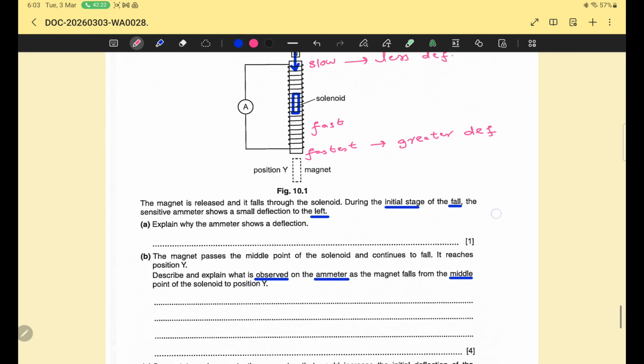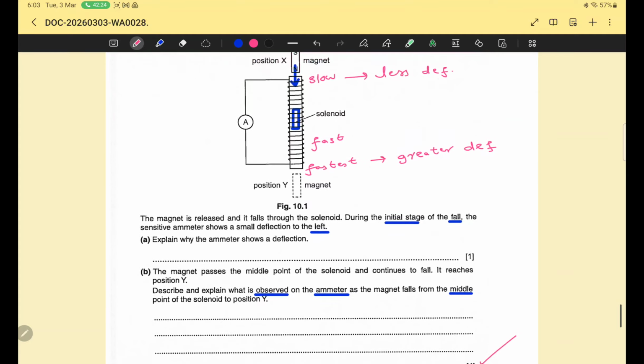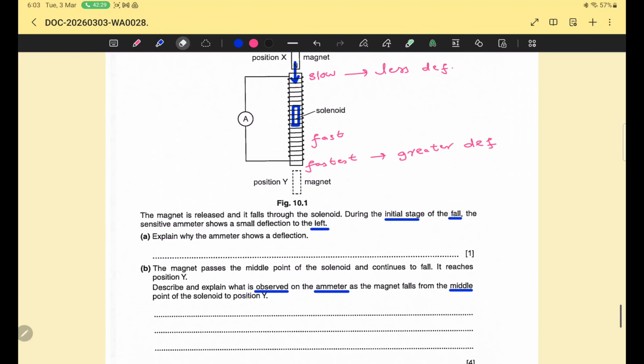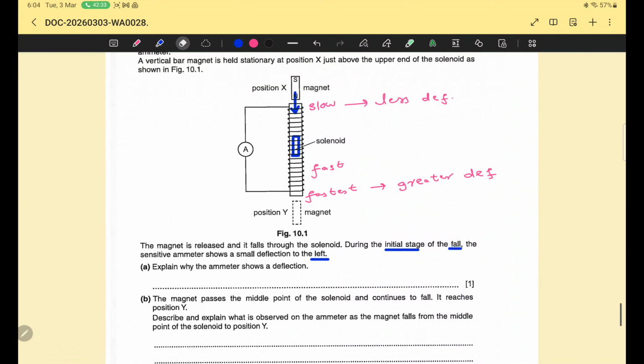This is a 4 mark question. So not only greater deflection, but also one more different thing will happen. Nevia, can you answer? Your first answer is right. Yes, it will be opposite in direction. Deflection will be opposite.